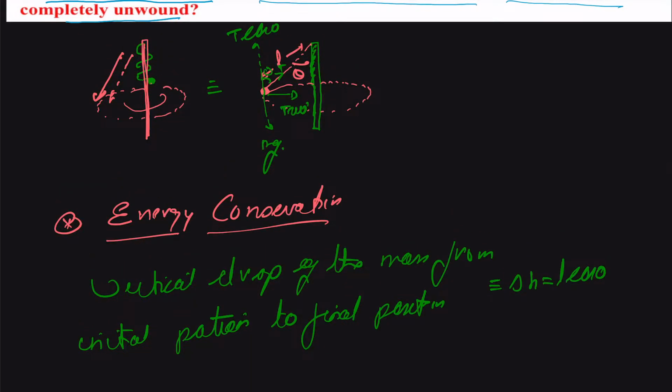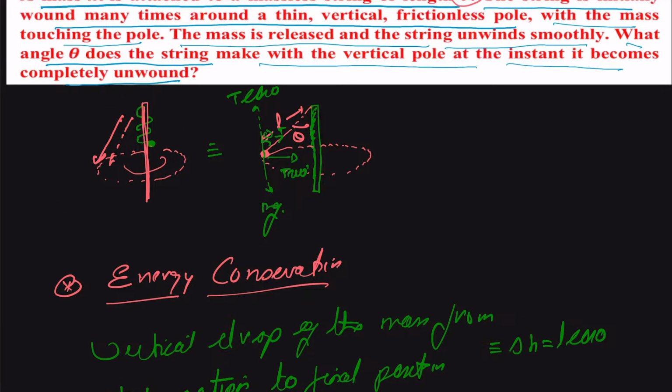By this winding, we can just draw it like this. This is our vertical pole, and it is wound something like this, continuously, like a spring. As it loosens, it is going to increase its length every time.